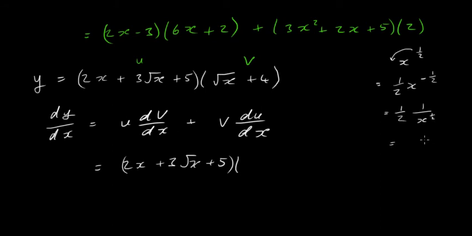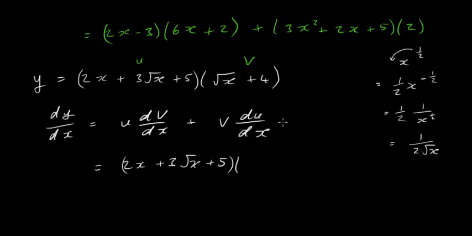So that just simplifies to 1 over 2 root x. This is a common term that's differentiated, and if you know that x to the power of a half differentiates to 1 over 2 root x, you can just skip all of this.